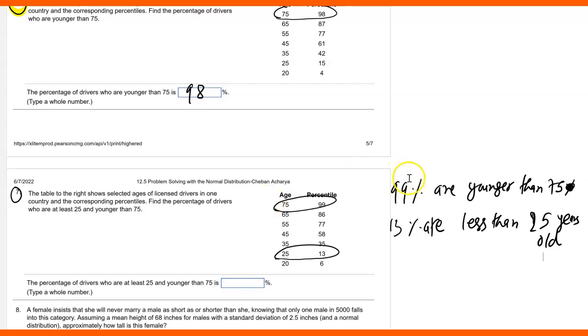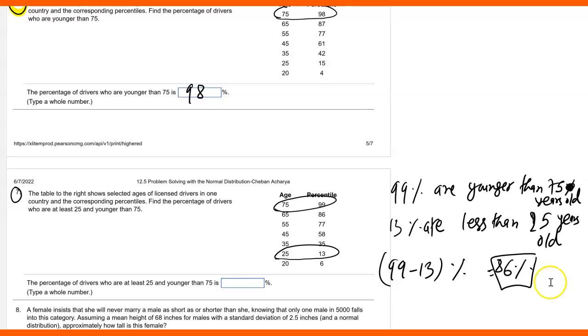Again, 99% are younger than 75 years old, and 13% are less than 25 years old, correct? If you subtract 99 minus 13, you get 86%.